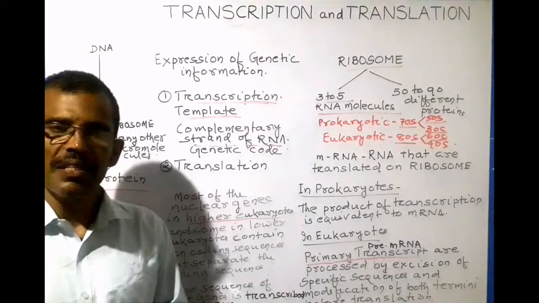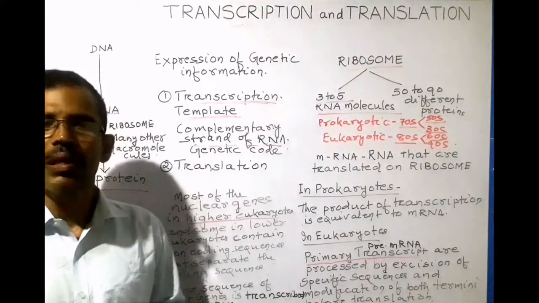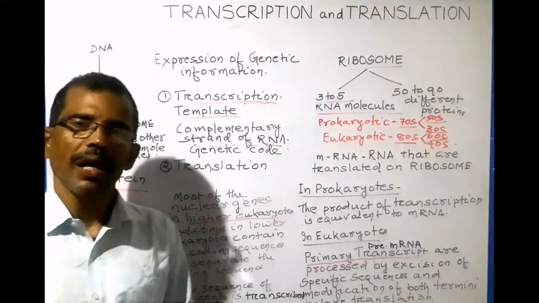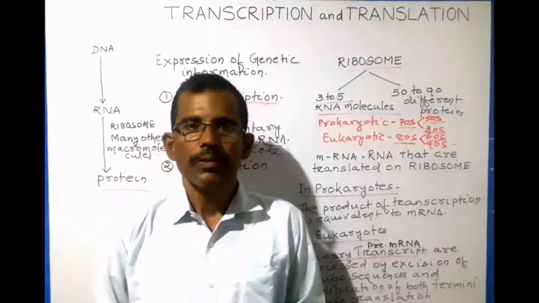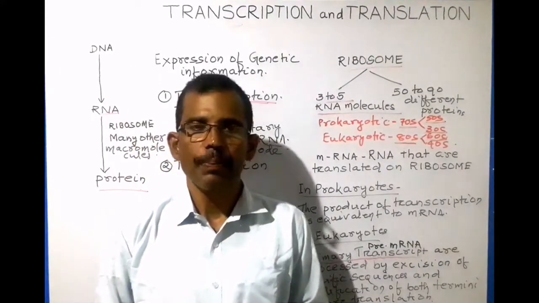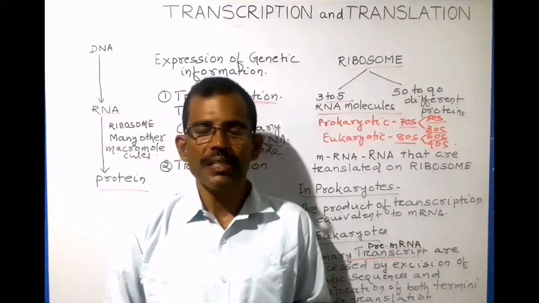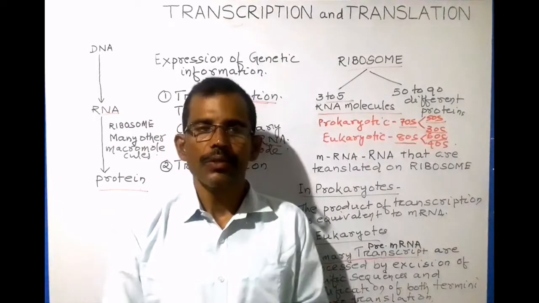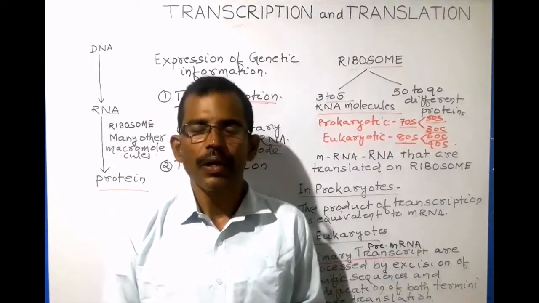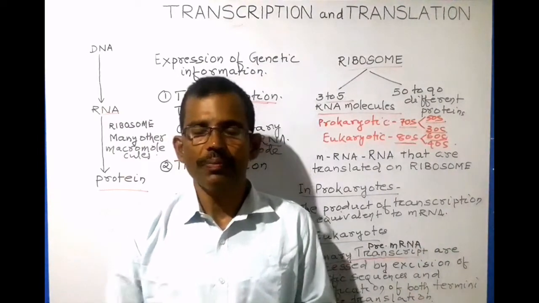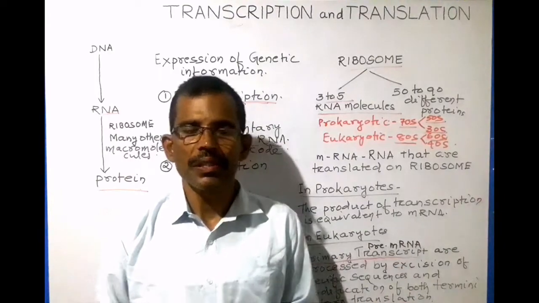And the splicing occurs on a macromolecular structure known as spliceosome. So in eukaryotes, the pre-mRNA undergo processing and modification of both the termini to form mRNA, which can be used for the process of protein synthesis.